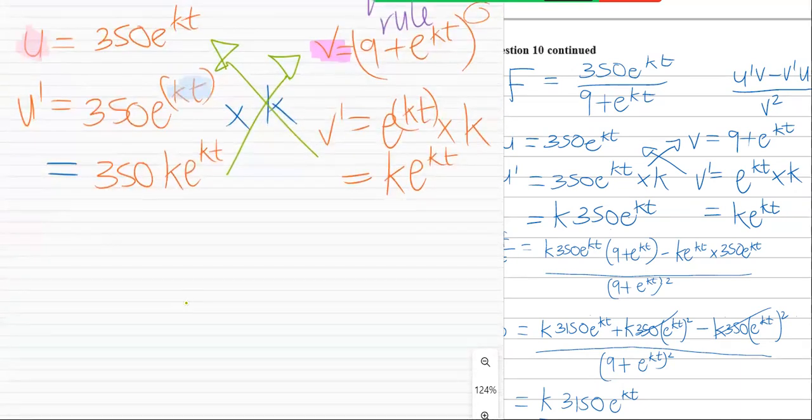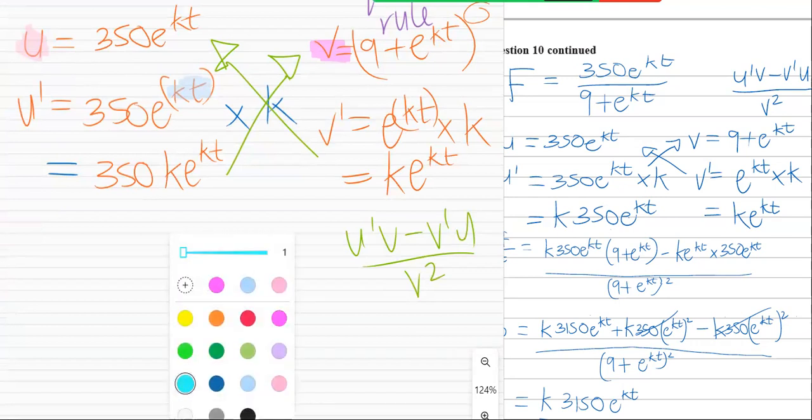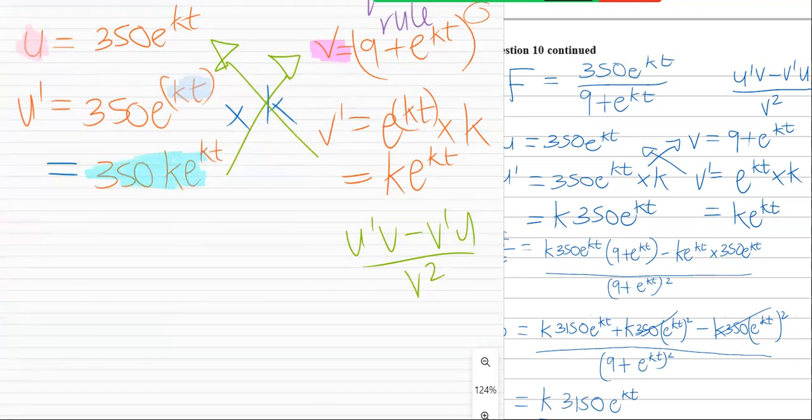Just to highlight it, I'll write that again: u dash v minus v dash u over v squared. We start with u dash times v, so that is 350 k e^(kt) times by 9 plus e^(kt).